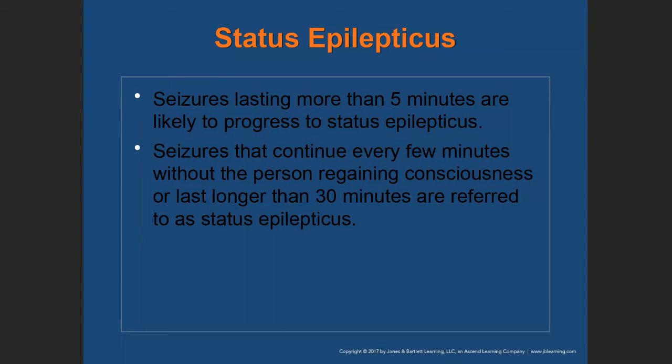So it's constant seizures without the patient regaining consciousness. What do I mean by that? So the patient gets a seizure, seizure stops, post-ictal state, seizure, post-ictal state, seizure. So the patient's brain is not recovering and they're continuing to have seizures. That is status epilepticus. This is a patient that is going to require medications to stop that seizure.